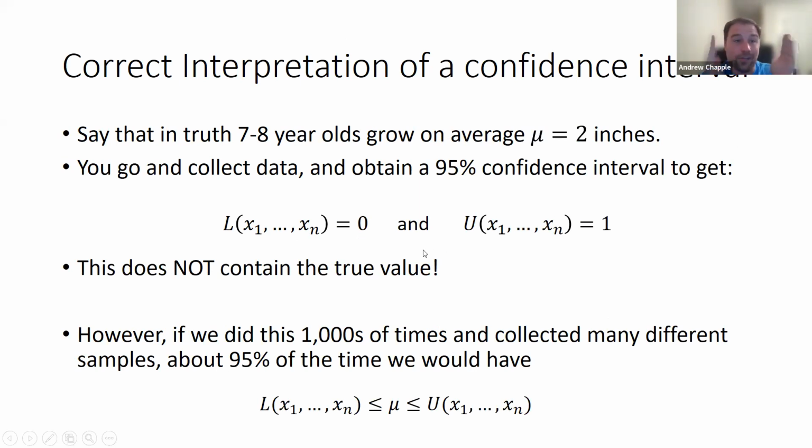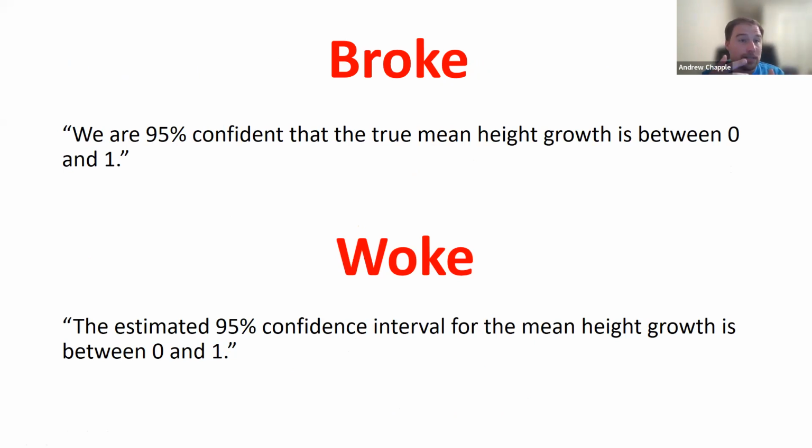You could get a confidence interval that doesn't contain the true value. However, the confidence interval is constructed in a way that gives you some good information about where this thing might live. So you want to just say where the confidence interval is, but do not say something like, oh, we're positive that our true value is in there.